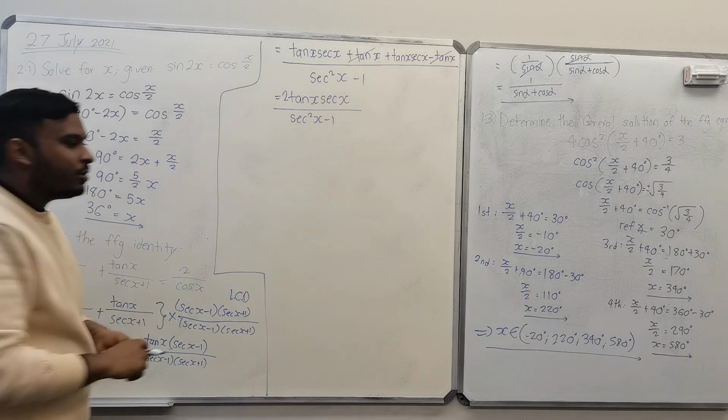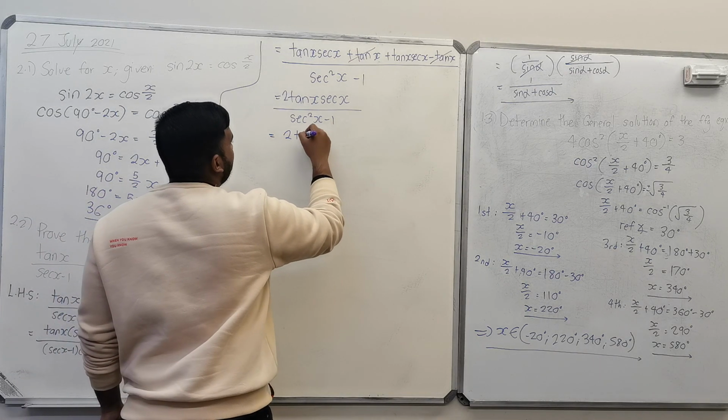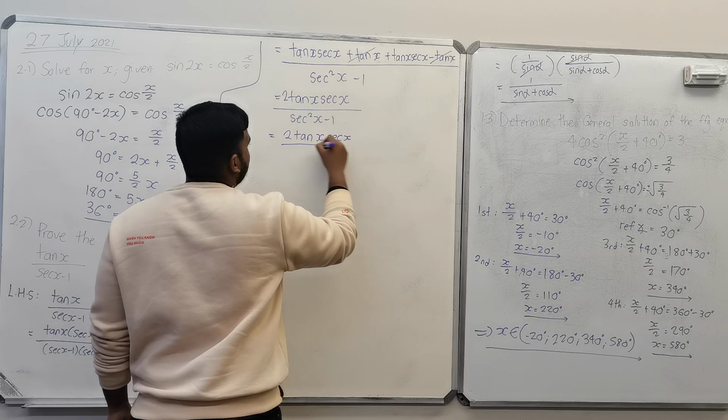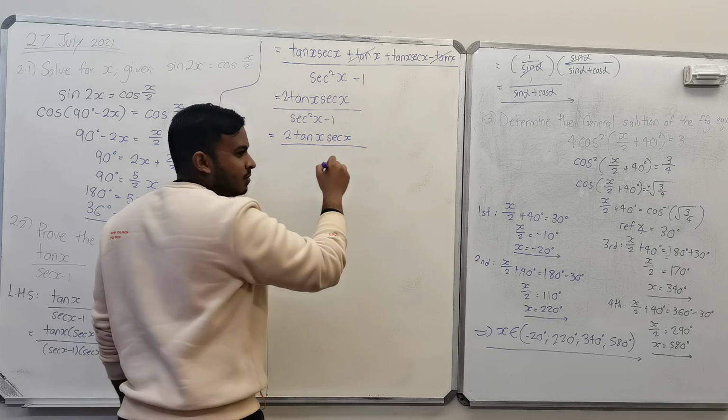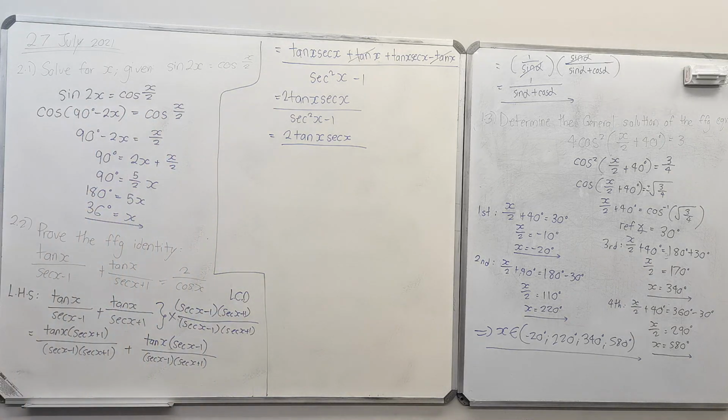Okay, so this would become, so what would it be? So you'll see the one I gave you, 1 plus tan squared x is equal to sec squared x. Right?